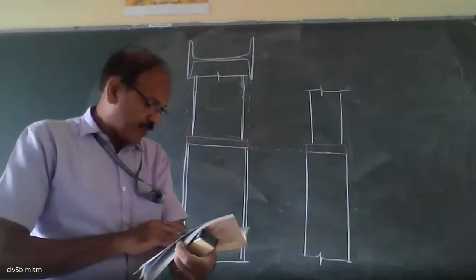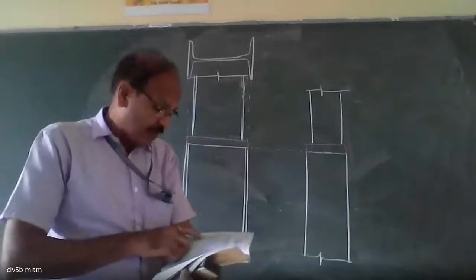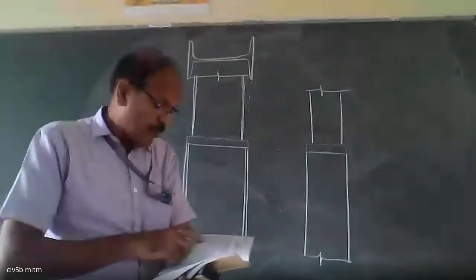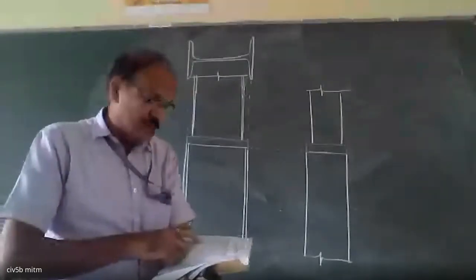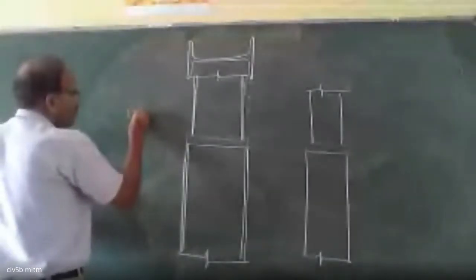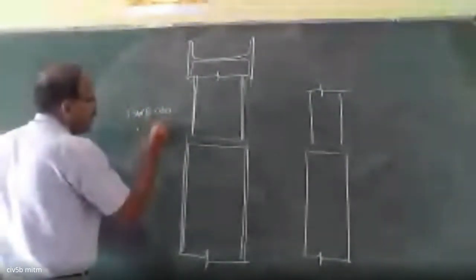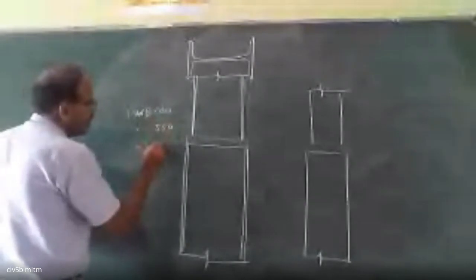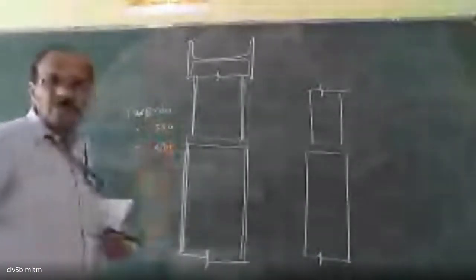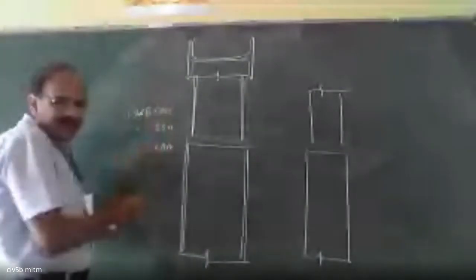See, if you take, for example, ISWB 600, ISWB 500, 550, 600. Say when I say ISWB 500, ISWB 550, ISWB 600. So they will have different heights.